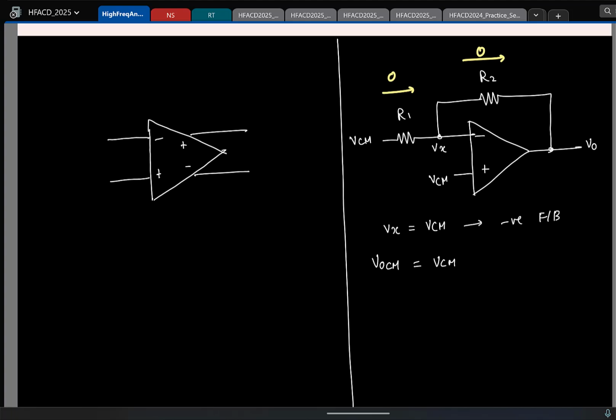Yeah, let's say we start with this. Here I had one output, let's say the positive output. From the positive output, I fed back to the negative input. So let's first do that. From the positive, I'll feed to the negative. So that will give you this first.